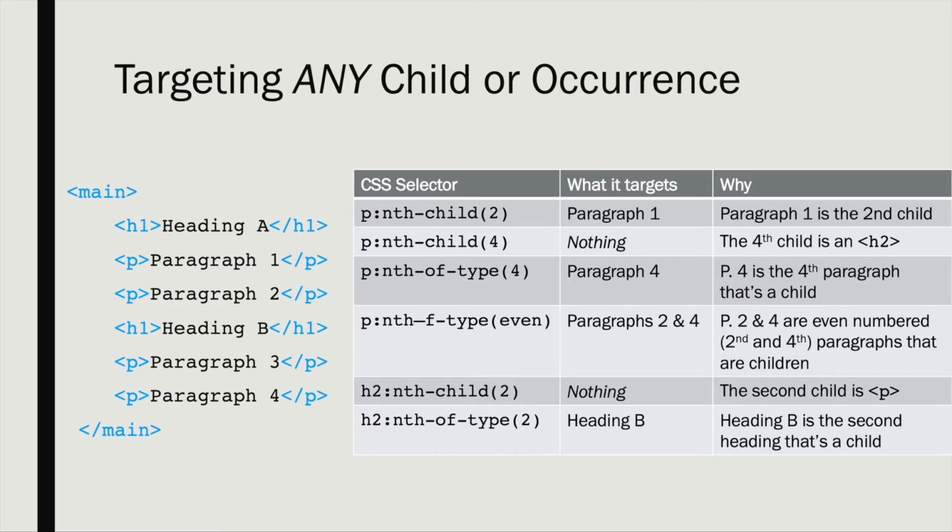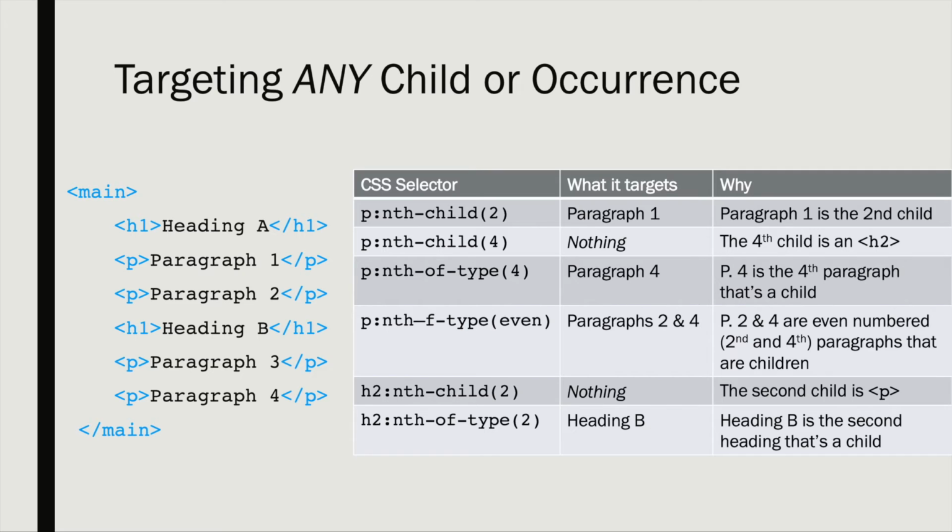If you say P colon nth child 4, it targets nothing because the fourth child of the main element is an H2. If you say P nth of type 4, then that's going to select the fourth paragraph because paragraph 4 is the fourth paragraph that's a child.